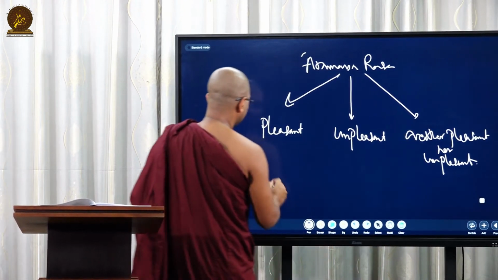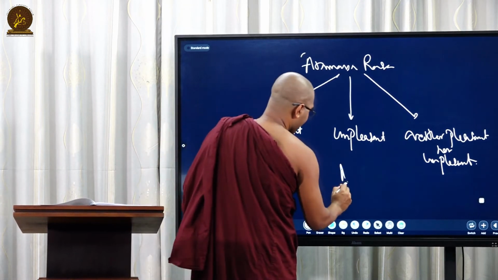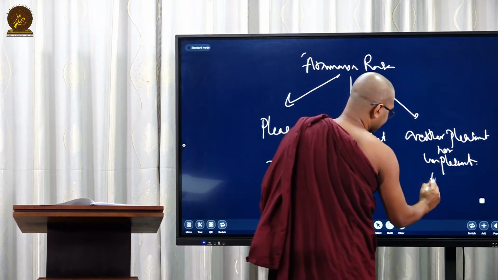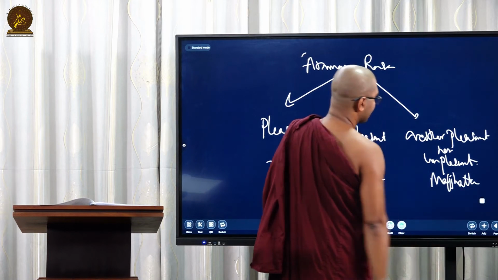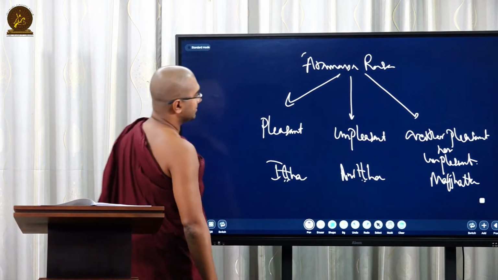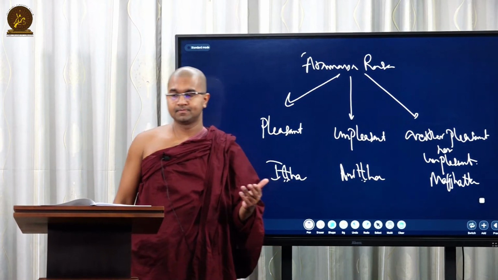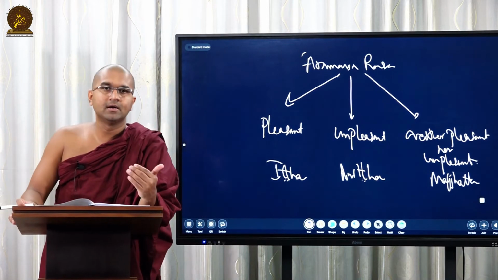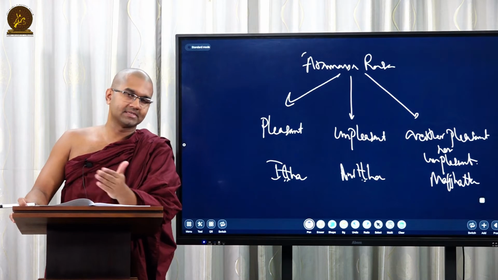So in Pali we call them ittha, anittha, and majjhatta. Arammanarasa makes the arammana either pleasant, unpleasant, or neutral, neither pleasant nor unpleasant.